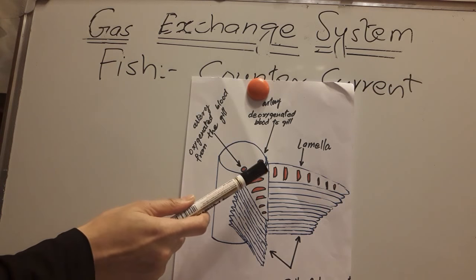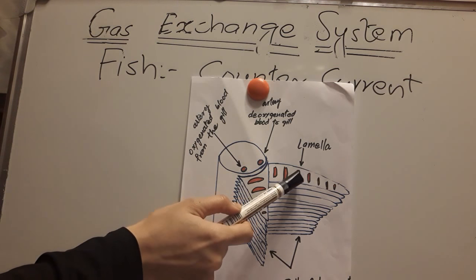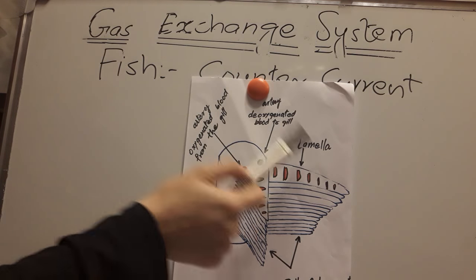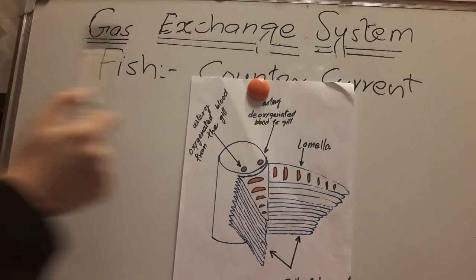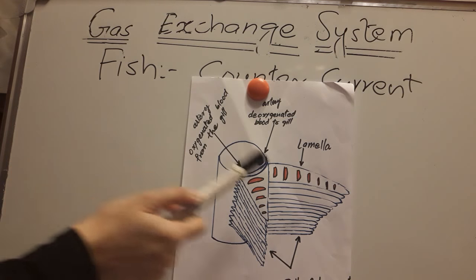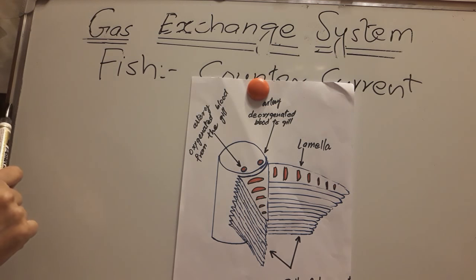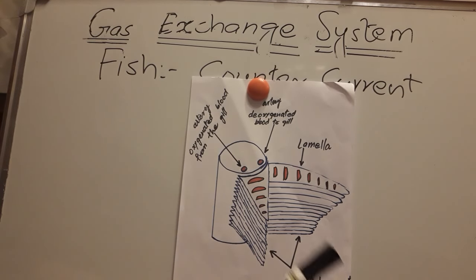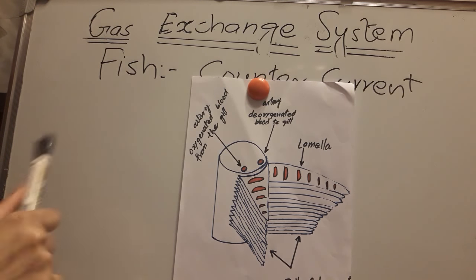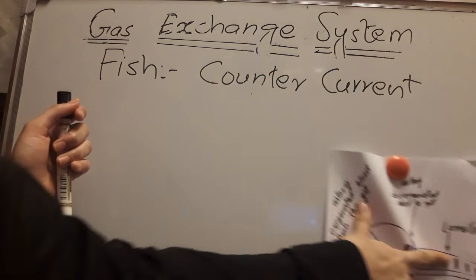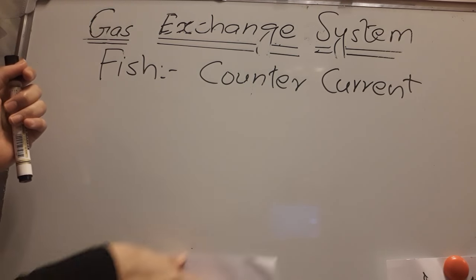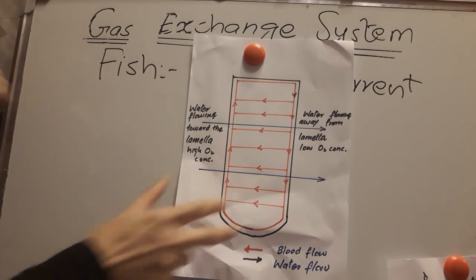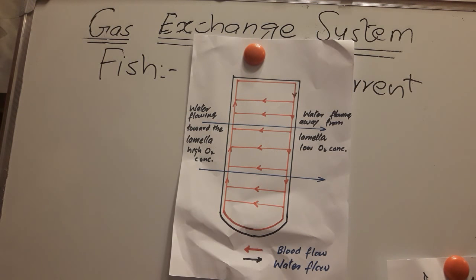Each gill filament is covered with many tiny structures known as lamellae, and a single one is a lamella. The lamellae have lots of blood capillaries and a very thin surface layer of cells to speed up the process of diffusion. To understand the countercurrent system of gas exchange, we see one diagram of the lamella.